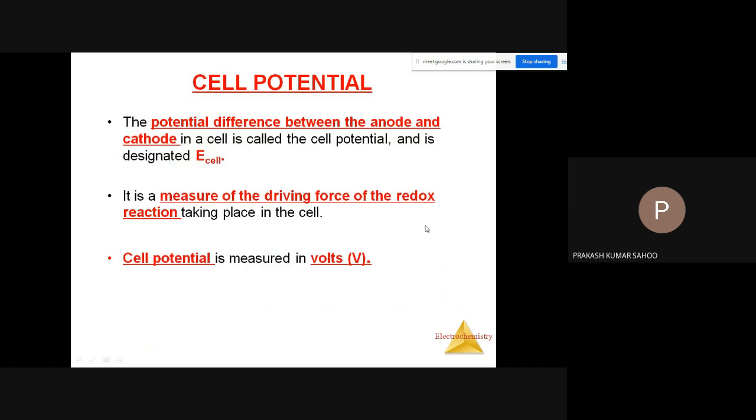Yes, this is the thing for which lots of mechanisms and lots of exercises are going on. That is the potential.